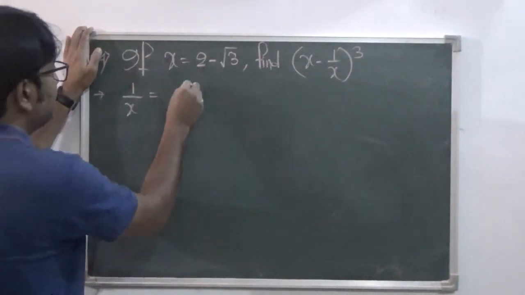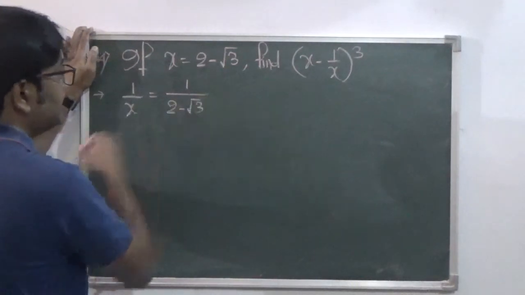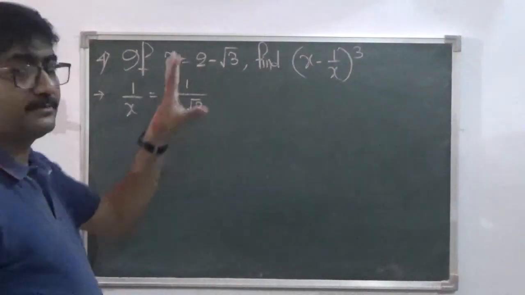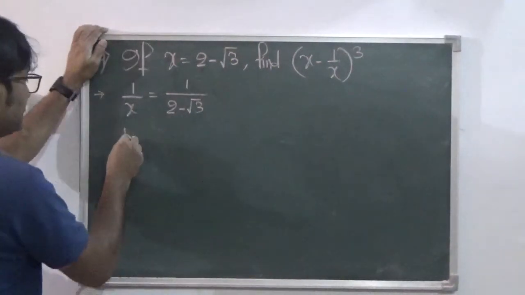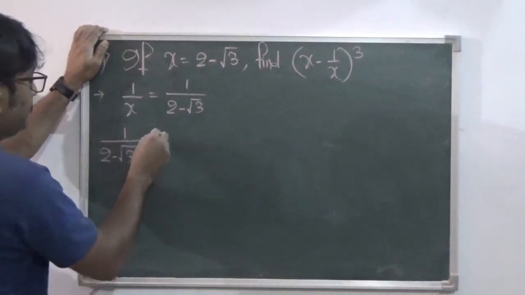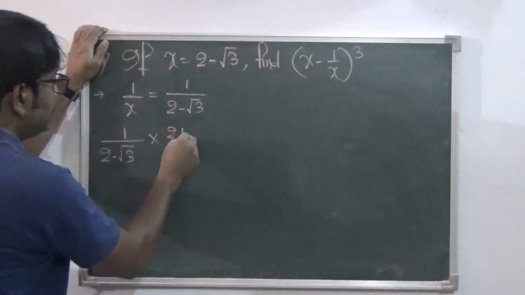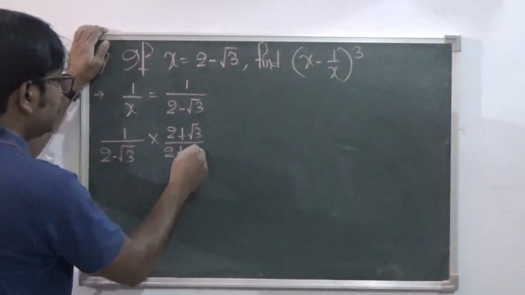1 by x is 1 by 2 minus root 3, right? So let us rationalize 1 by 2 minus root 3. What we will do, we will multiply by the conjugate, that is 2 plus root 3 divided by 2 plus root 3.